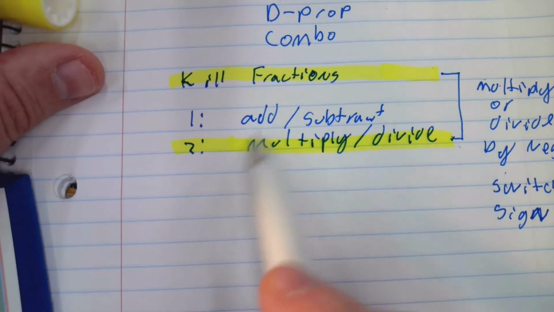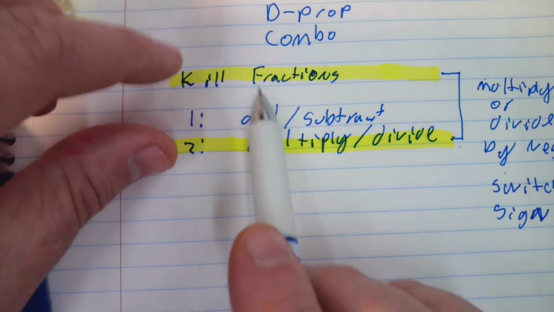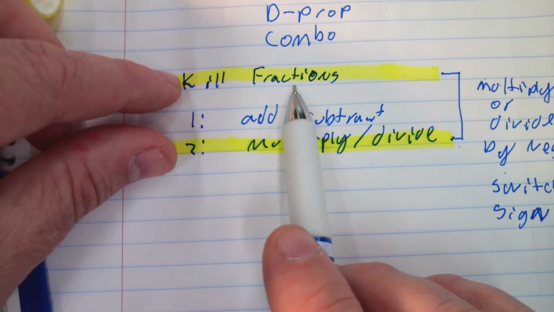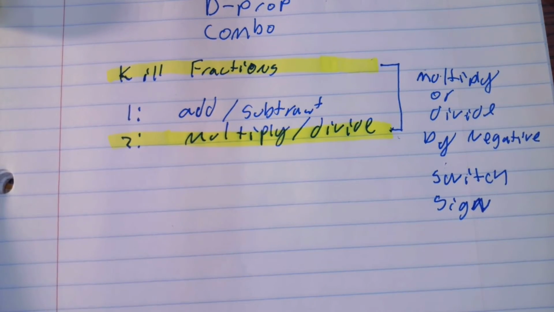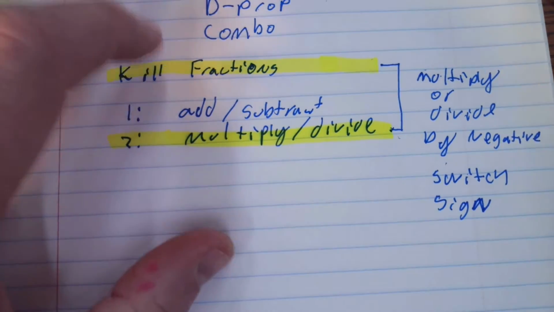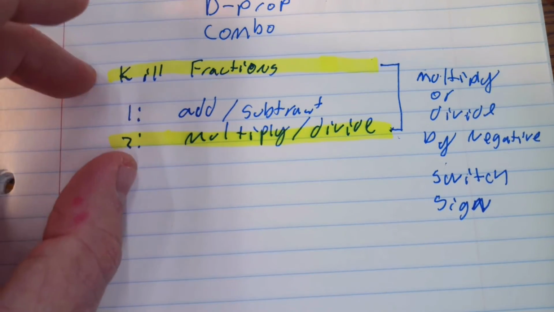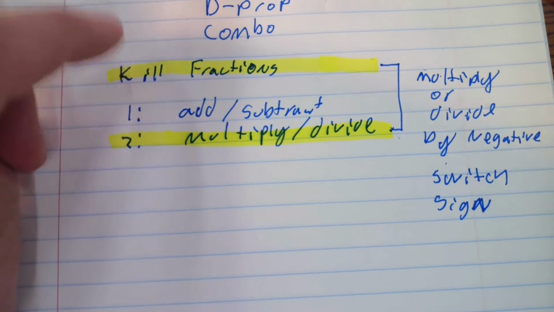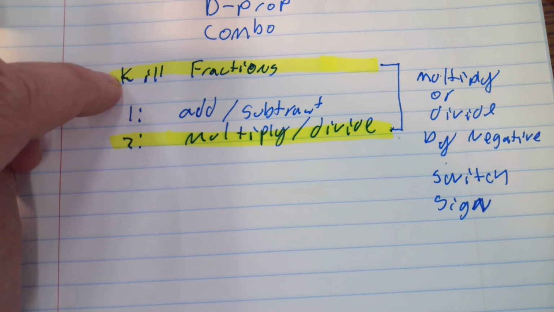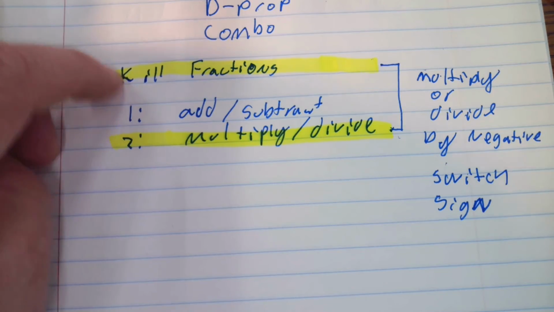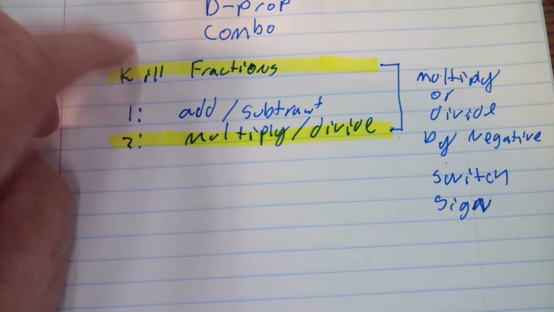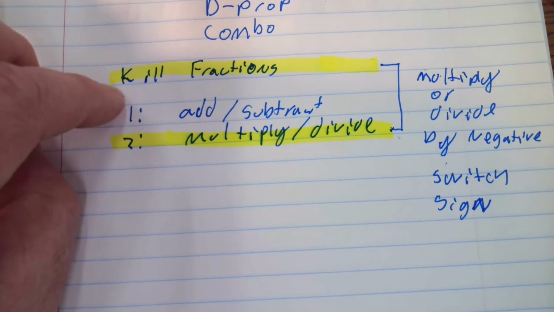Most people don't switch in the kill fraction stage. There are some people that do, because once you understand all these steps really well, you can do different things to make your life easier when you kill the fraction. Some people kill a fraction and kill a negative at the same time. So I don't want to say that you don't switch sides during this step, but most people don't do that.